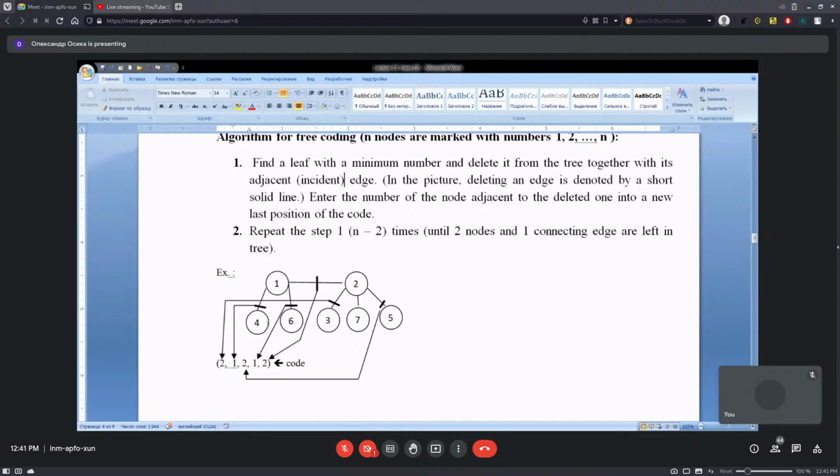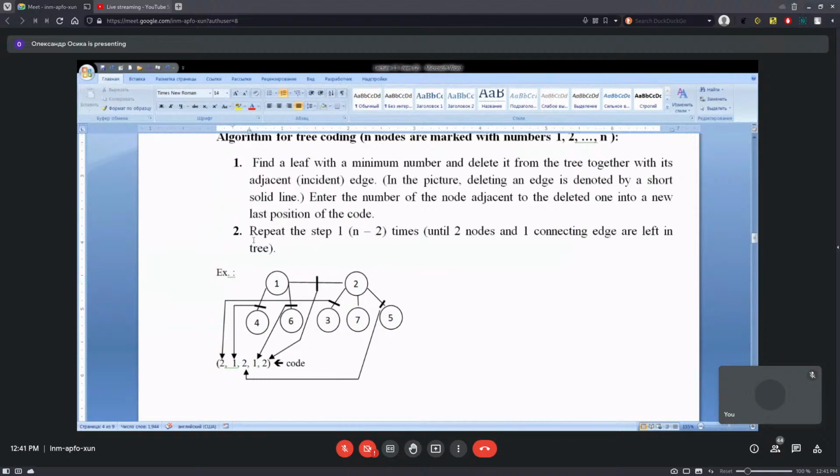So look, these are leaves. What is the leaf with the minimum number? It is 3. We delete it together with the incident edge and enter the number of the node adjacent to the deleted one into the code. Look, after I delete it, 2 is entered into the code first.